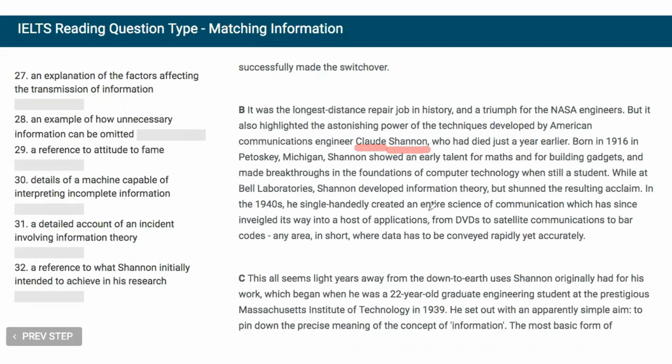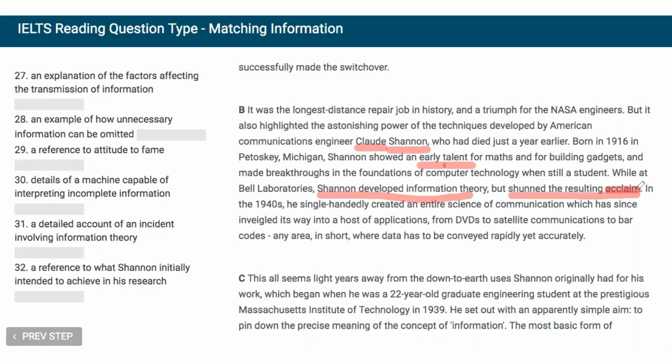And so we know that something about Shannon could be in paragraph B. And I see another word that calls my attention, which is early, because I'm thinking of that word initially. Okay, it could be that, but we're not sure. So an early talent for maths, building gadgets, okay. We see again, Shannon developed information theory, but shunned the resulting acclaim.